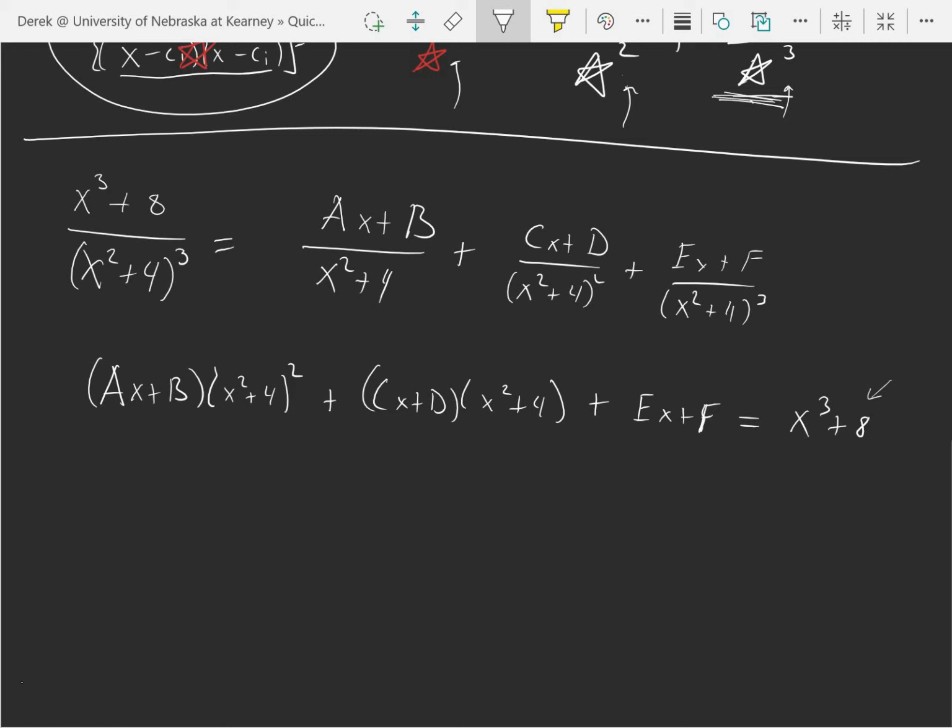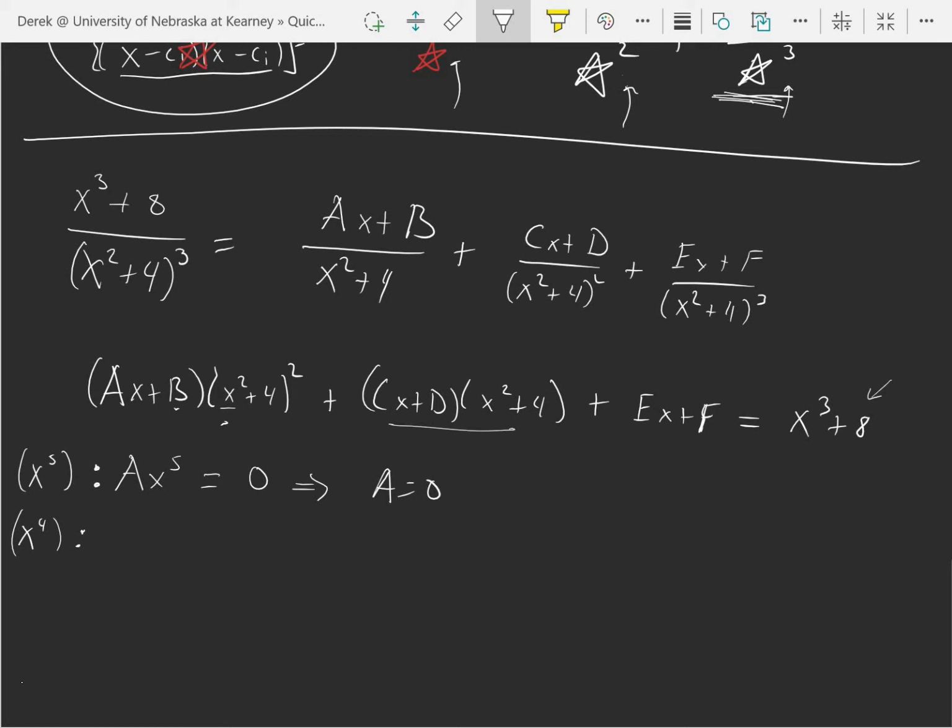Let's look at the degree 5 piece. So the only way to get degree 5, so the x to the 5th term, I would have to take x squared times a. So ax to the 5th. I can't get x to the 5th any other way, so ax to the 5th is 0. This tells me that a equals 0. Okay, the x to the 4th term, also, the only way to get x to the 4th is looking at bx to the 4th here.